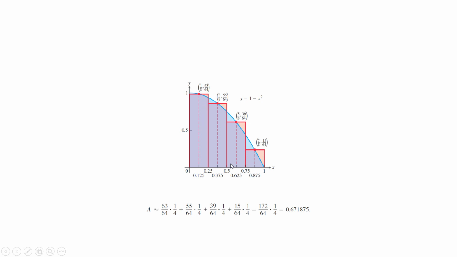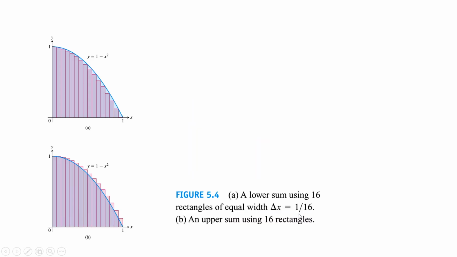In this case, we use the midpoint of the interval in order to choose the height of the rectangle in the interval. The rest is the same process: find the areas of each rectangle and then add them up to approximate the area. By doing this, we have an approximate value of the area equal to 0.67185.